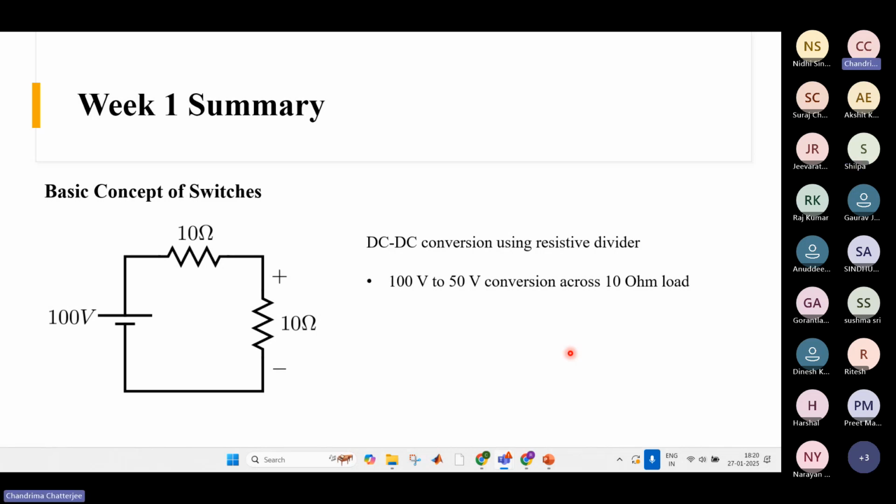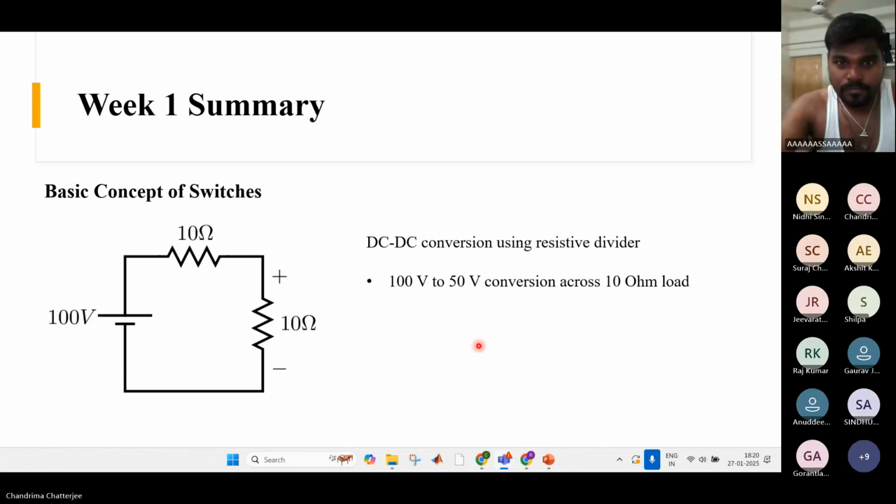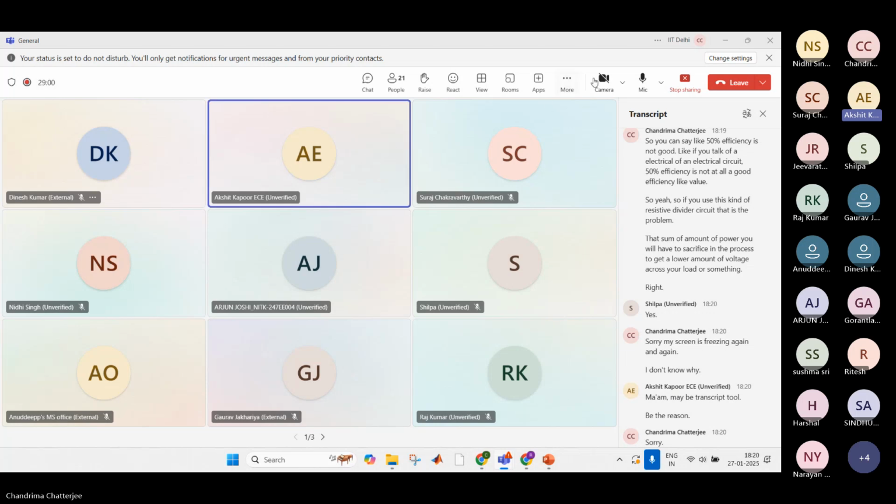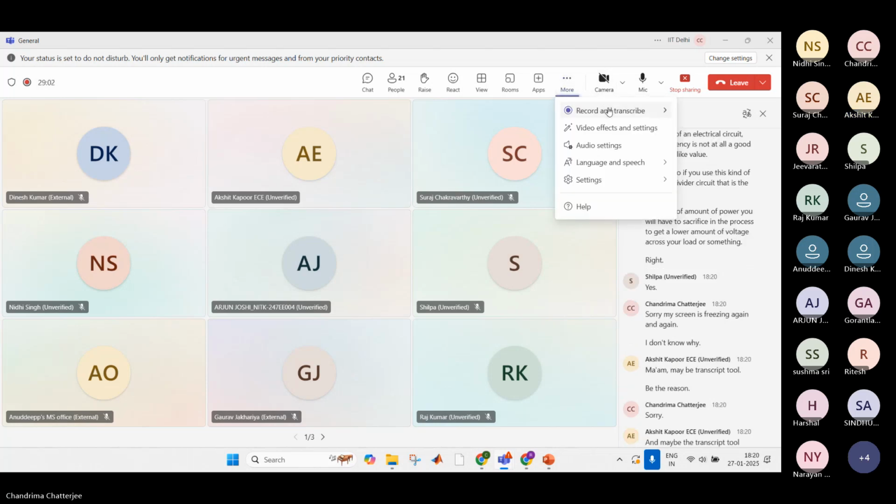Sorry, my screen is freezing again and again. I don't know why. Ma'am, maybe the transcript tool might be the reason.